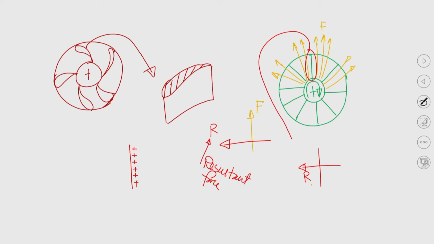Because of this resultant force, the pressure on this particular surface, the right side of this blade, will definitely be high, that is positive, and definitely the pressure will be negative on the other side.